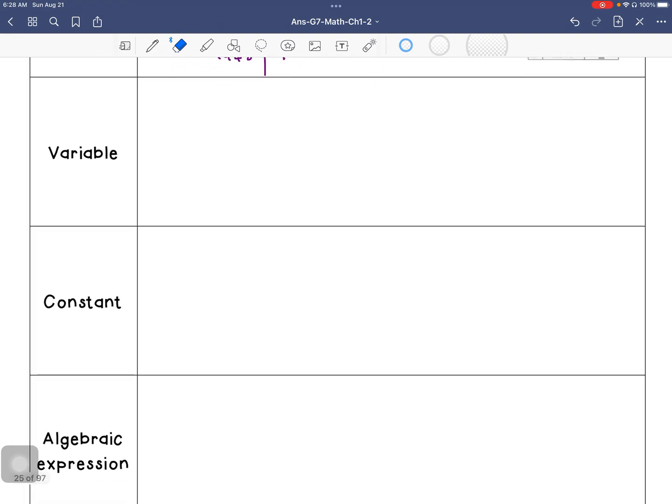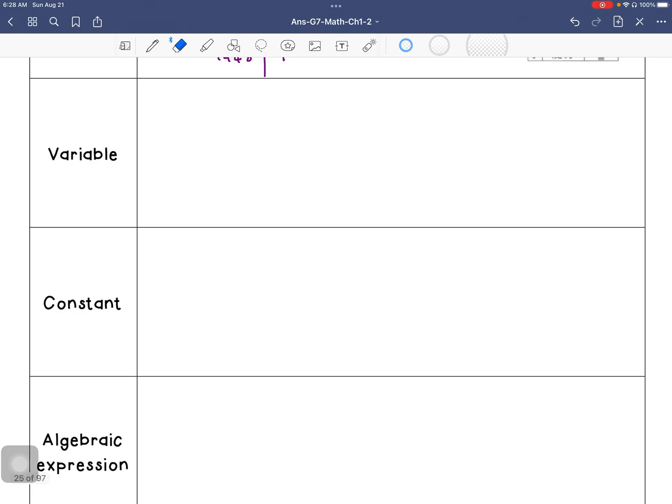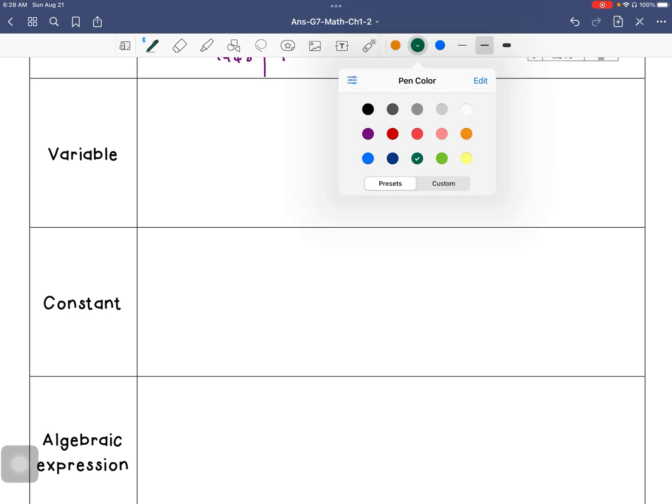So now, what is a variable? A variable is a letter that represents a number that can vary, usually a Greek or English letter.